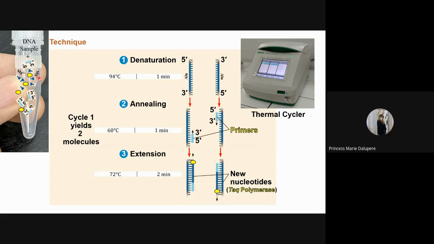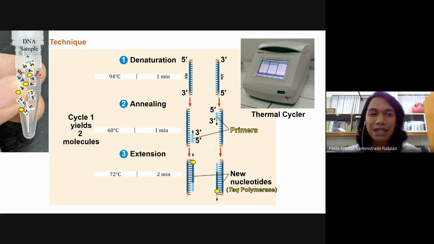Cofactors, sir, for the enzyme to catalyze the reaction. Yes, so magnesium ions are cofactors for the Taq polymerase. They will help the Taq polymerase do its work. So that's why they need to be present. And therefore, there was a warning in your lab manual. When you transfer the DNA sample, make sure that no beads are included.